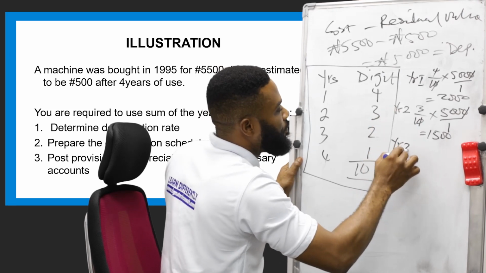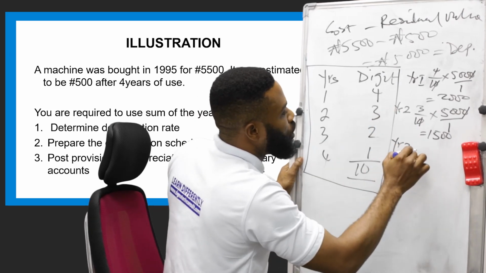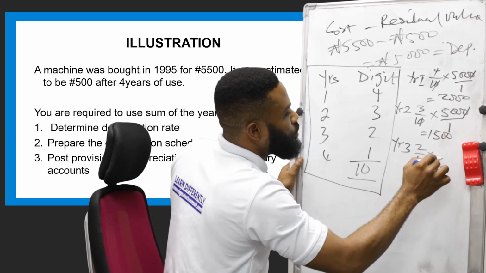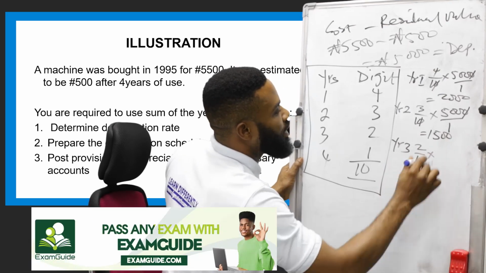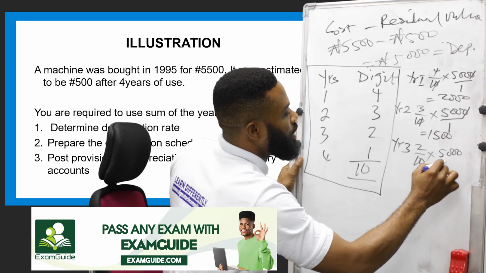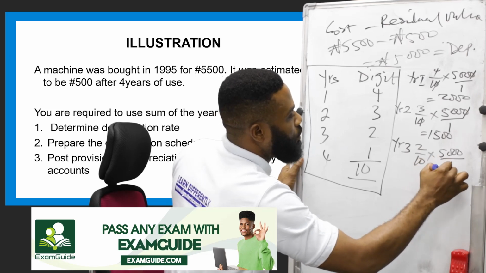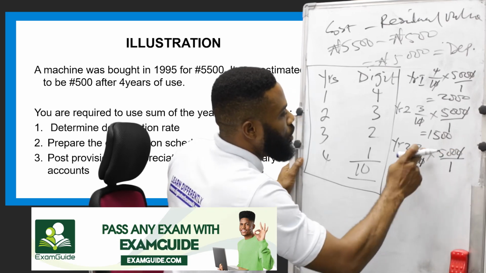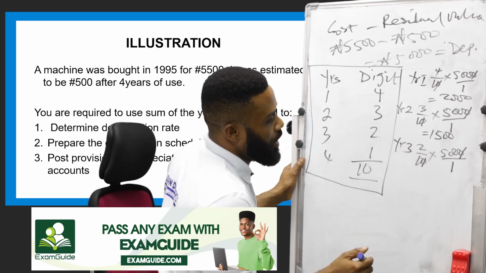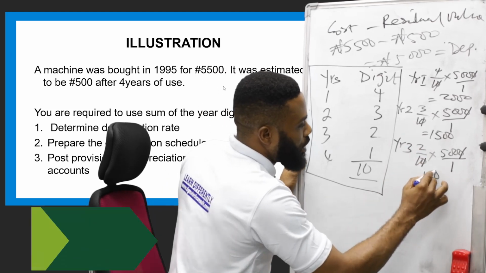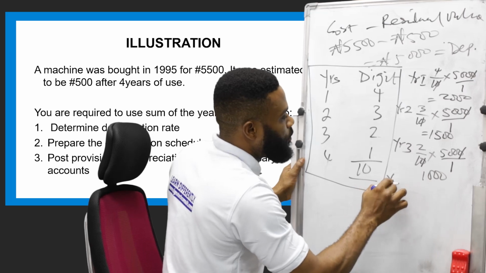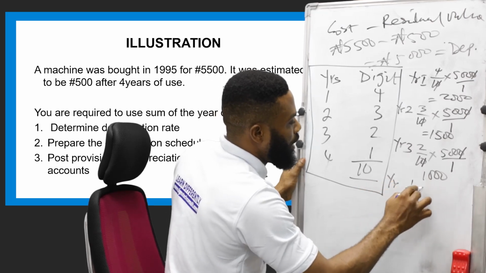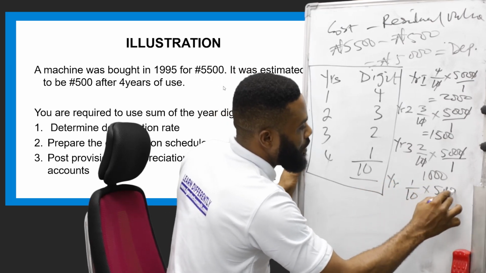Then for year 3, it's going to be 2 over 10 times 5,000 over 1. 0 will cancel 0. You're going to have 2 times 500, which gives you 1,000. And then for year 4, you're going to have 1 over 10 times 5,000.